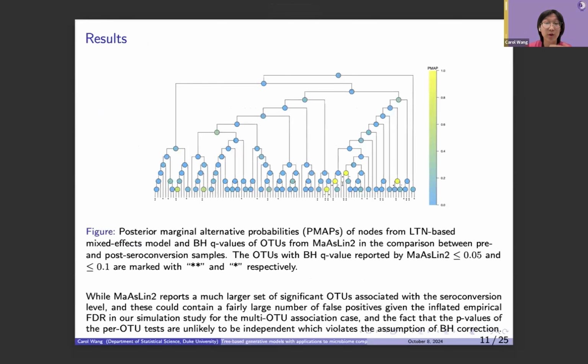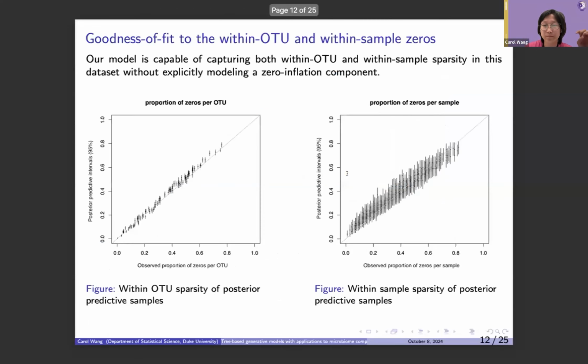And with this formulation, what we get here is that we can visualize the cross-group difference between case and control on this tree. So here, as we can see, some nodes have a higher PMAP, where PMAP is just the posterior probability that there is cross-group difference at this particular node. So this helps us to target the group of taxa that shows cross-group difference.